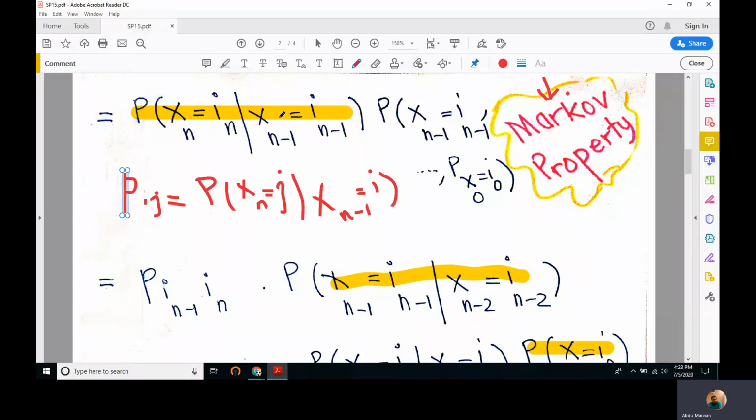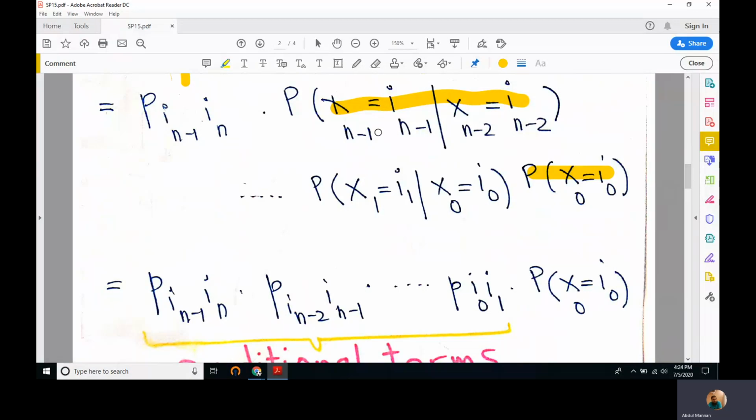So on these same lines, this term can be written as this, where this is i and this is j. We are going to n from n-1. Right, all these probability terms can be written on the same lines: i(n-1), i(n-2), and finally i0, i1.